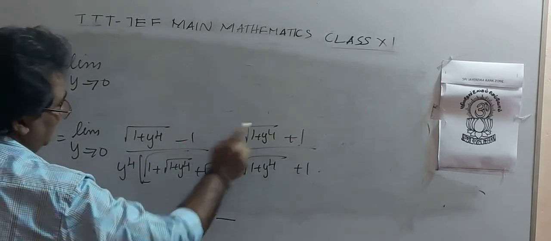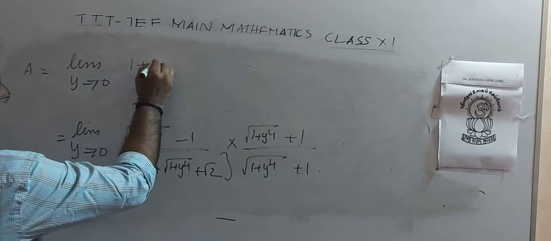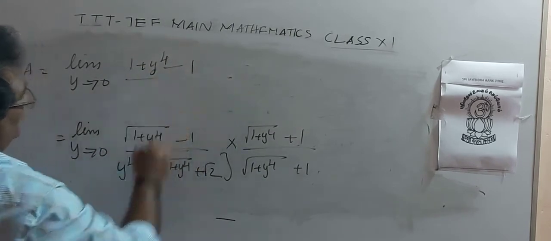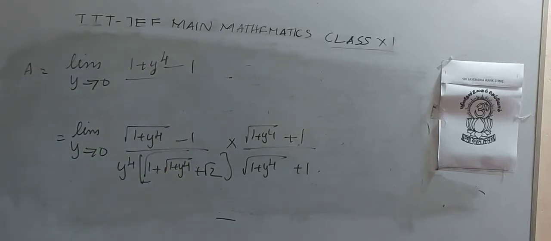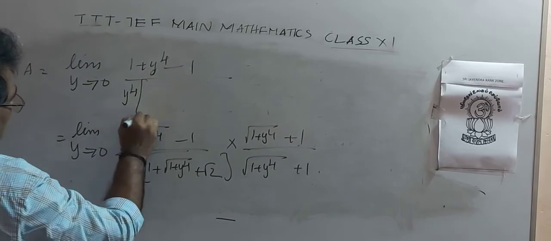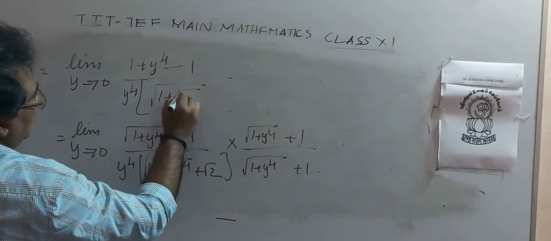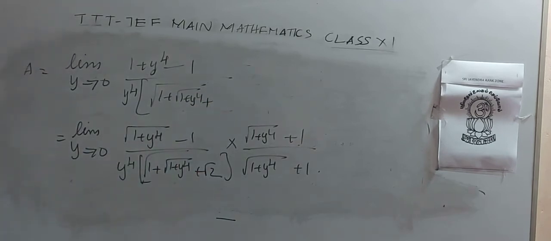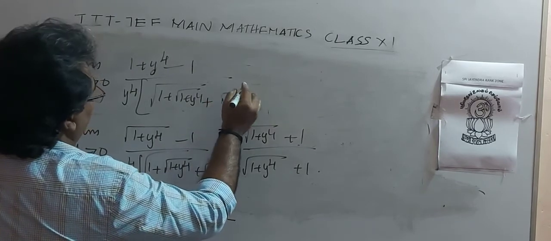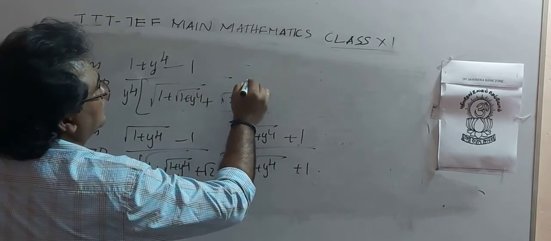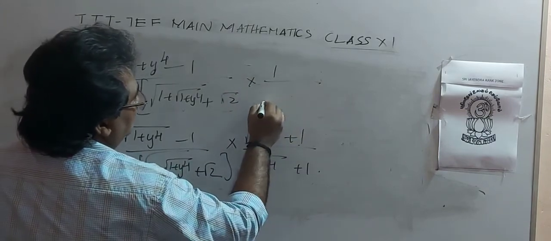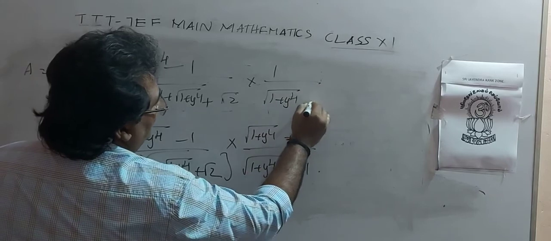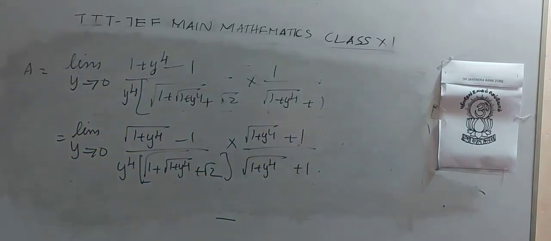A minus b into a plus b, a square minus b squared. 1 plus y power 4 minus 1 divided by y power 4 into whole of root 2 into 1 by root 1 plus 1.